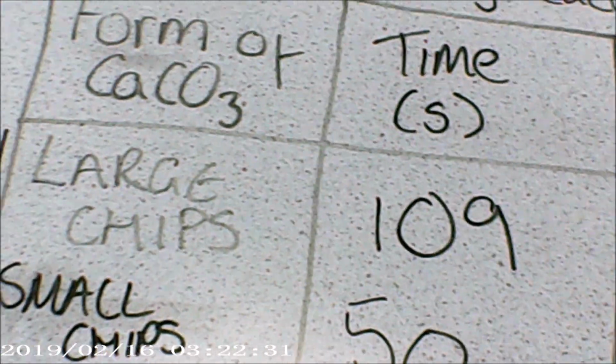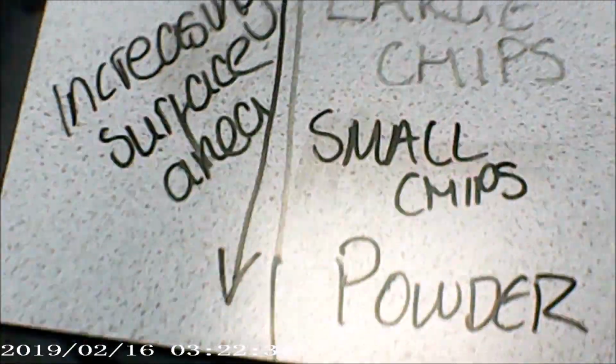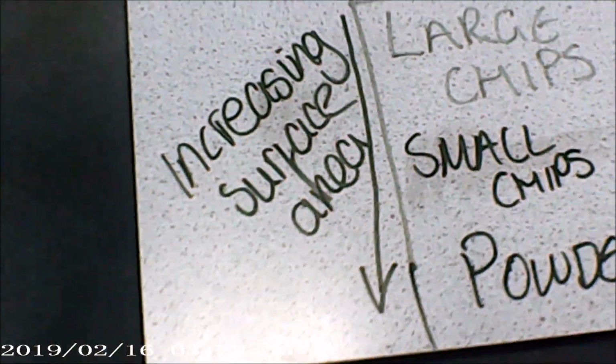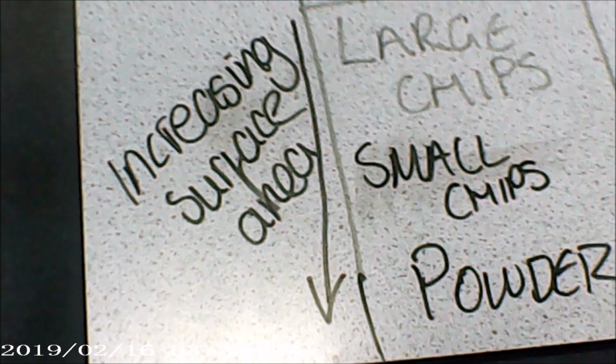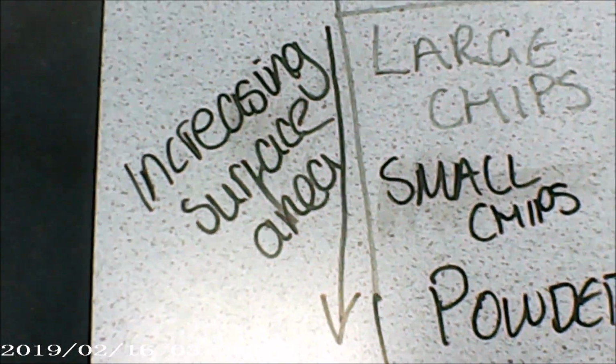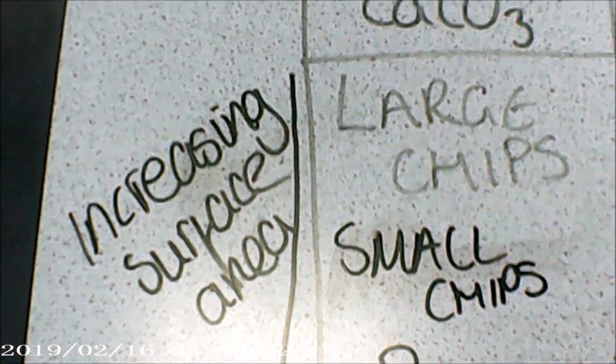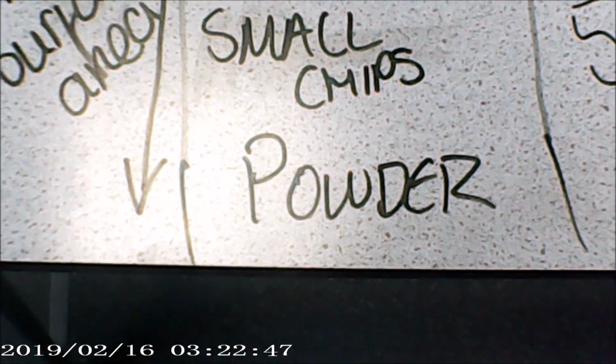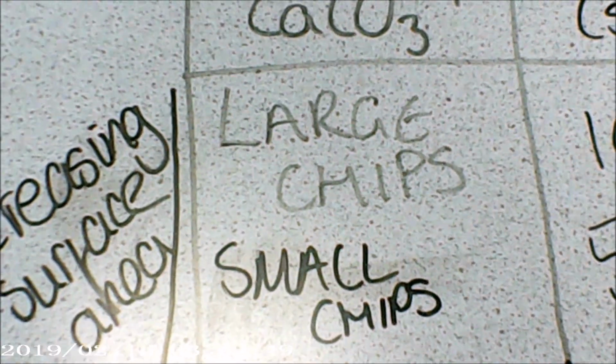We're now going to look at the final one, and I've added it onto my table, which you do not need to copy, but if you wanted to, that's absolutely fine. Just to make sure that you're happy that the surface area increases as we go down this table, the powder has a much larger surface area compared to the large chips.